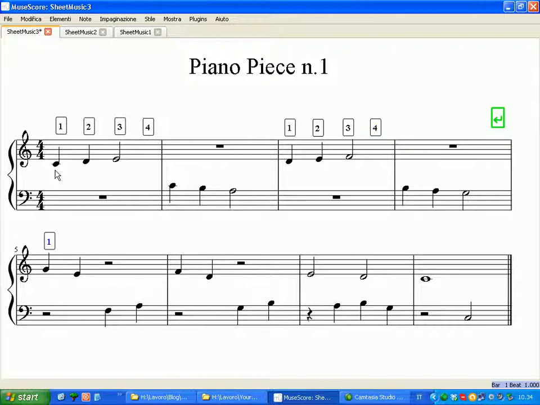And then we arrive on the fifth bar, in which we have something quite different from the first and the third bars.